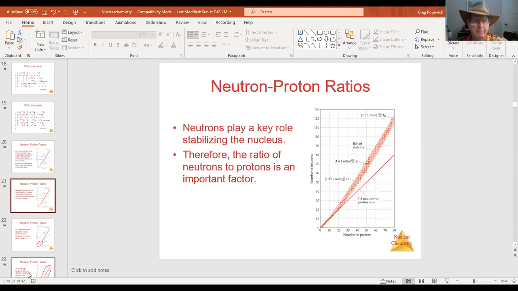It's a delicate balancing act. We're adding neutrons to keep the protons separate, but the more stuff we add, the more unstable the nucleus is. So we have to keep our ratios in line.